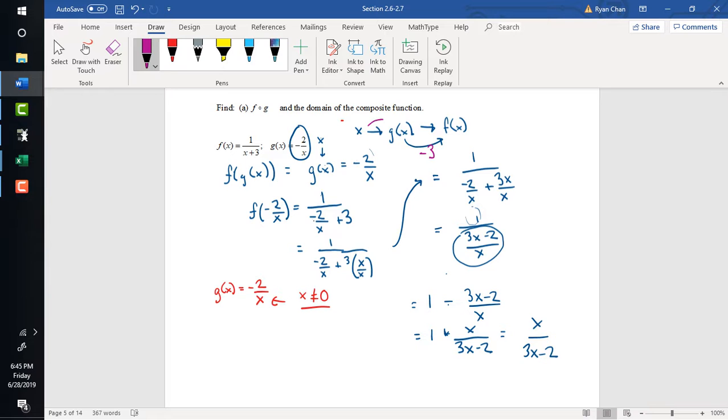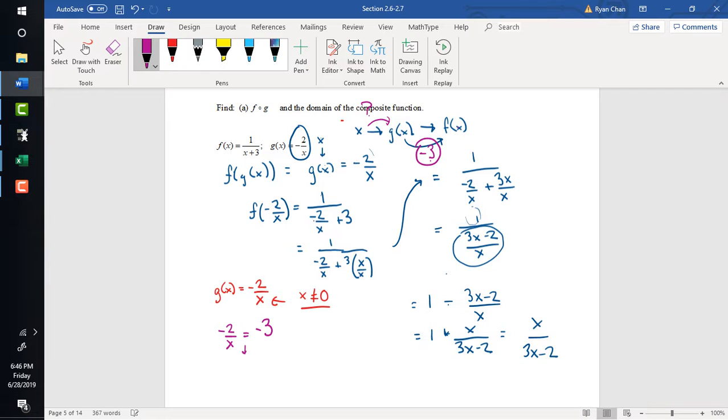So I need to think of something such that when I plug into g of x, it turns to negative 3. There's actually two ways to go about this, and I'm going to show you both. The first way is we know the outcome we want is negative 3 by the time we hit f of x. So I'm going to set negative 2 over x equal to negative 3, and then solve for x.